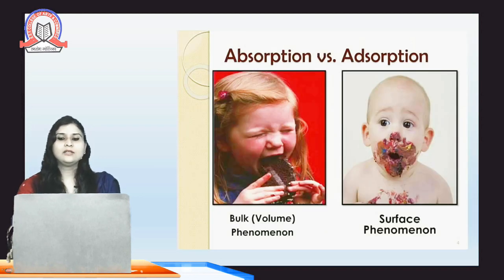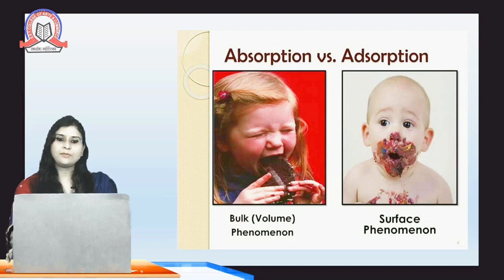Now, in this slide you can see adsorption versus absorption. In the first picture, you can see a child eating a cake or a chocolate bar, and in the second one, chocolate is all over the child's face. So what do you understand from this image?